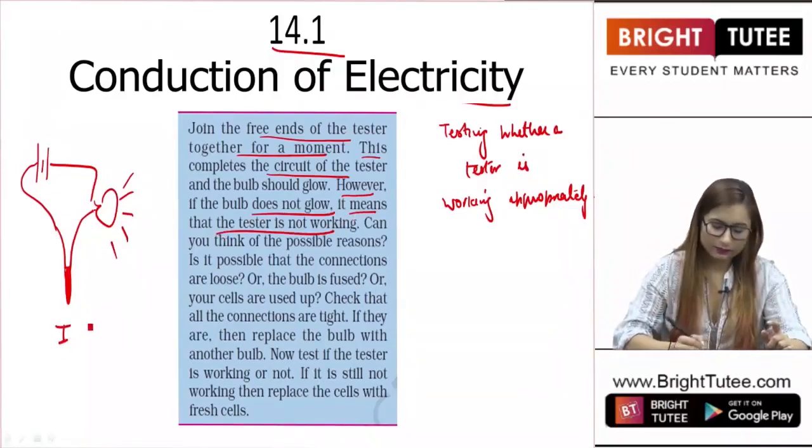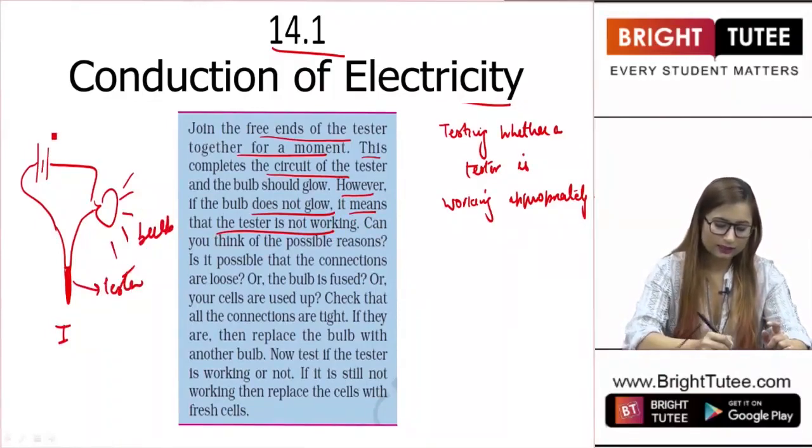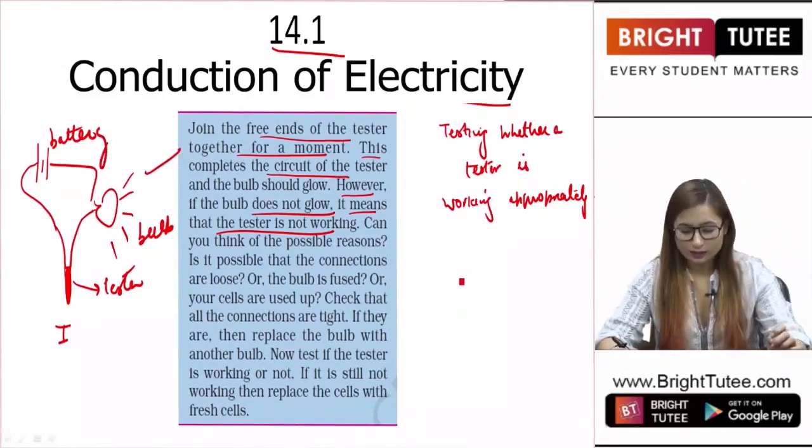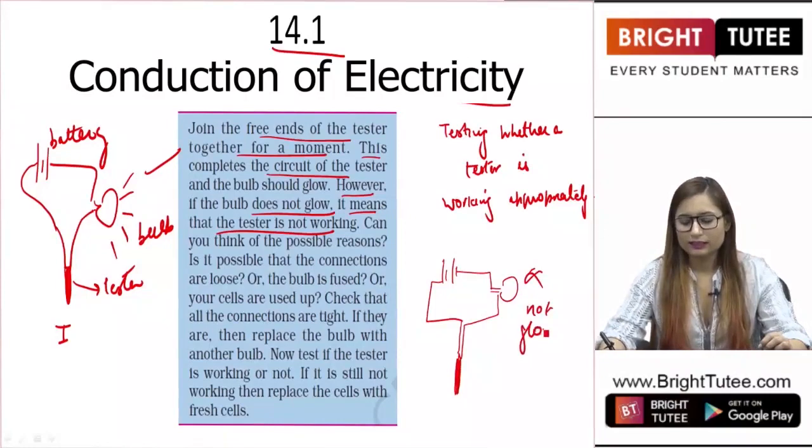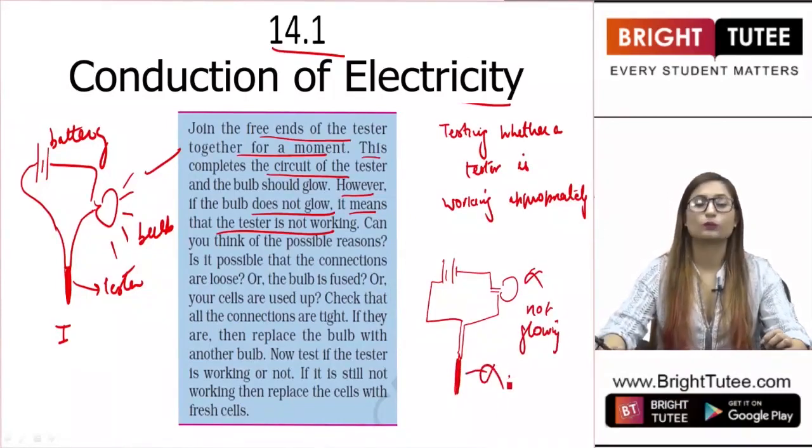This is the tester, this is the bulb, and this is the battery. This is case one, where the bulb started glowing. But in case two, the bulb would not glow. This is the tester. Now the bulb is not glowing. This tells us that the tester is not working.